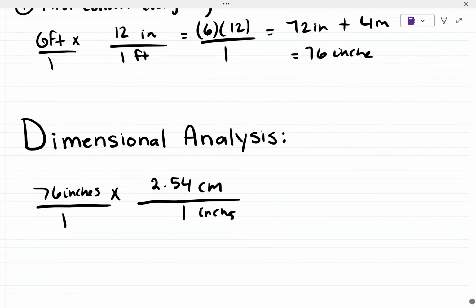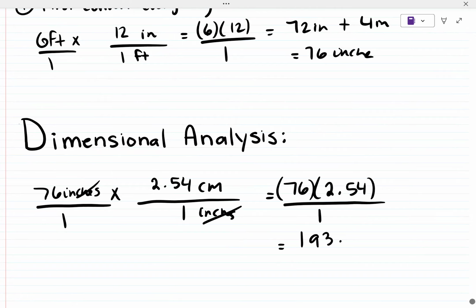And then the 1 just disappears. So you're left with 76 times 2.54 over 1, and you get 193.04, but the direction says round to the nearest tenth.